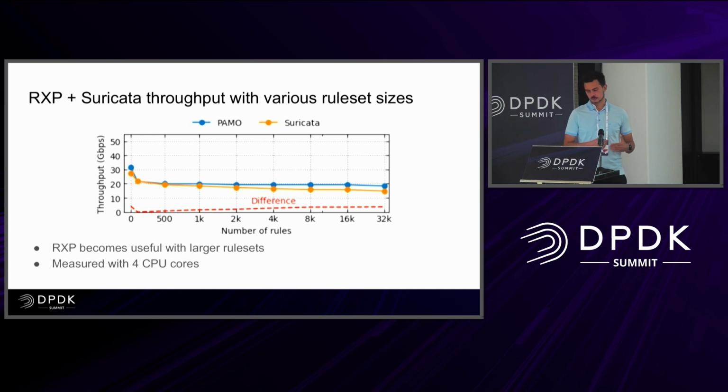Then we also tested the effect of the number of rules in Suricata. Of course, if you have small rule sets in Suricata, it's not that effective because you have fewer patterns to inspect. So you need to make it worth it for the RXP to be enabled. With the larger rule set, it becomes better.